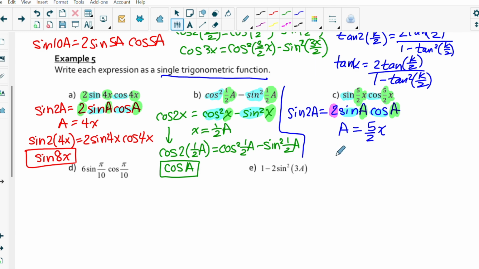Let's make our substitution. Sine of 2 times 5/2 x equals, let's make the substitution exactly as shown here, 2 sine of 5/2 x cosine of 5/2 x.